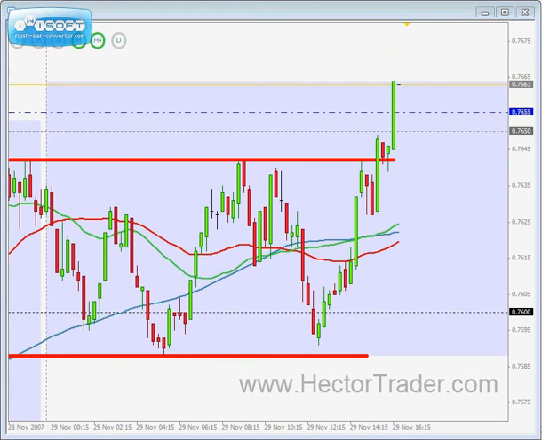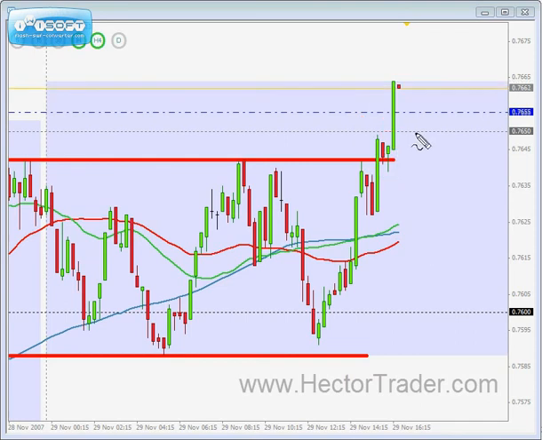It gave me the breakout pullback continuation, signified by that red bar on the breakout. This being the 40 level, that being the breakout thrust. Then we see the 1 bar pullback, and from there another momentum thrust to the upside, triggering my entry.